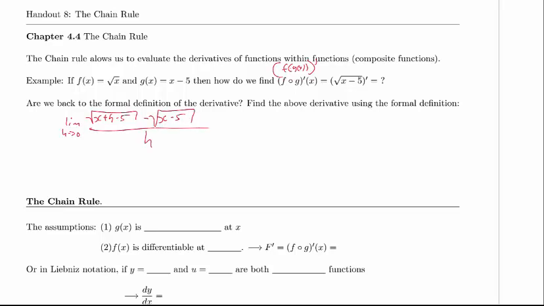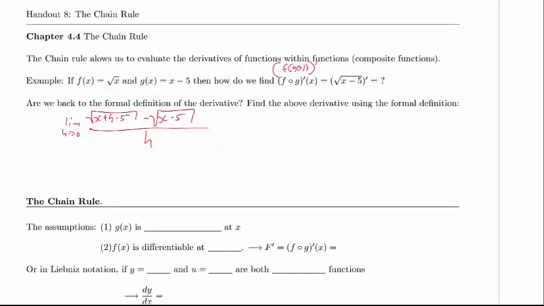Now, this is certainly doable, although it would be nice to have a rule that we could use that would make this easier, so we didn't have to appeal to the formal definition of the derivative every single time.